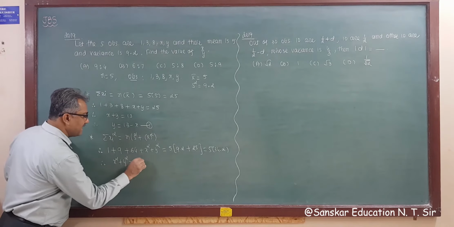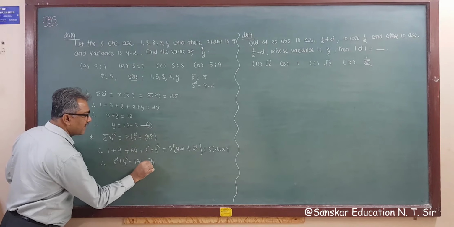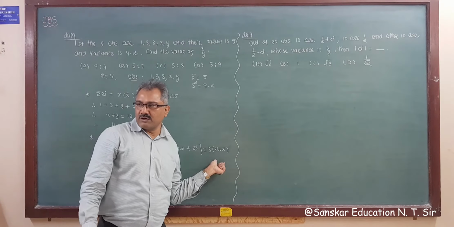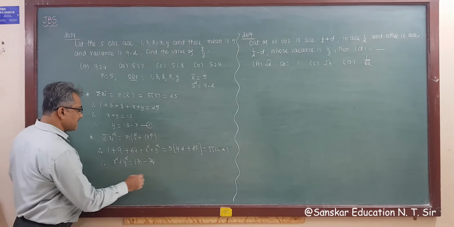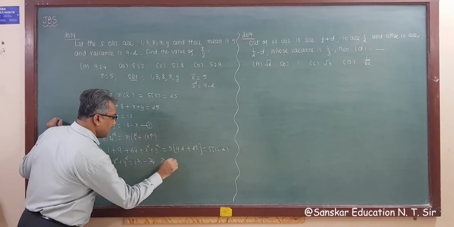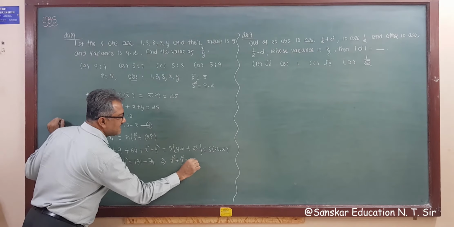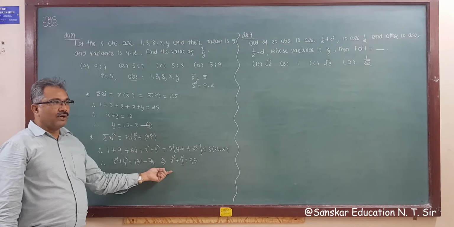So 171 minus this 74. Got it? This 34 into 5, got it or not? Okay. So this implies x square plus y square is equal to 97.